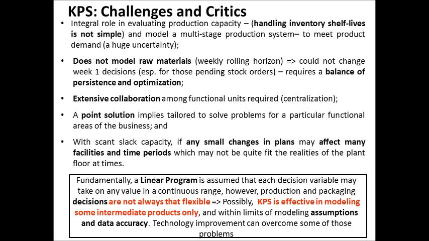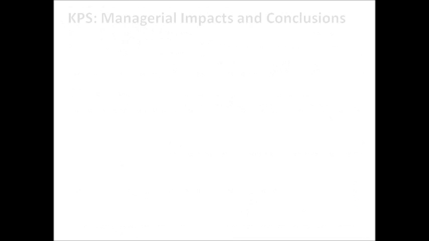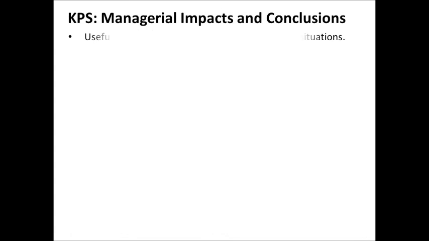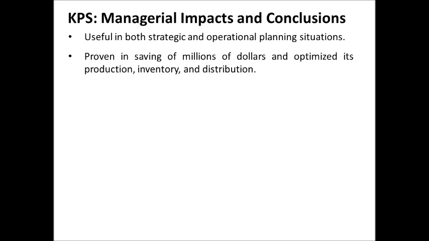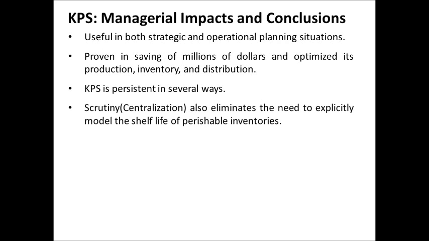For week one, all raw material would have been arranged, thus KPS could not change week one decisions. A possible improvement, in order to overcome the above problems and difficulties with information technology, is a mixed integer version of KPS to handle production and packaging setup, which is on the drawing board.